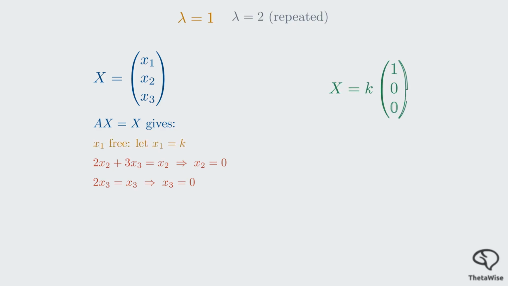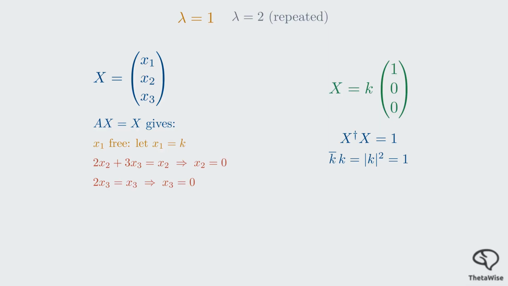Every eigenvector for lambda 1 has the form k times the column vector (1, 0, 0). Eigenvectors can be multiplied by any non-zero scalar, so we choose a normalized representative. The normalization condition is x dagger x equals 1. For this real vector, that becomes the conjugate of k times k, which is the absolute value of k squared, equal to 1.